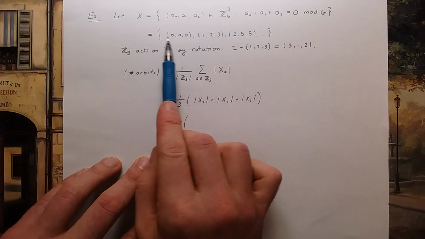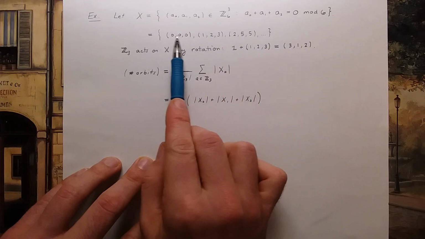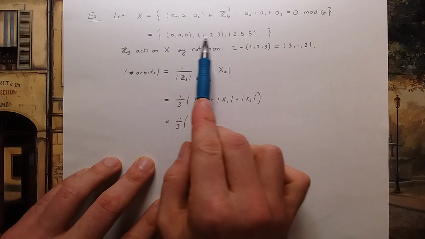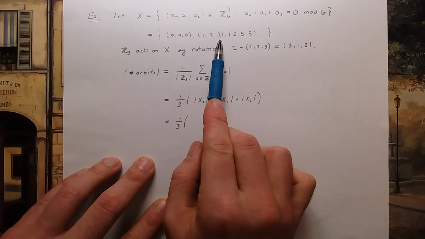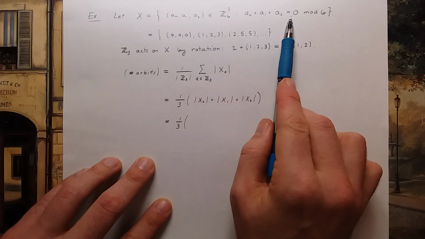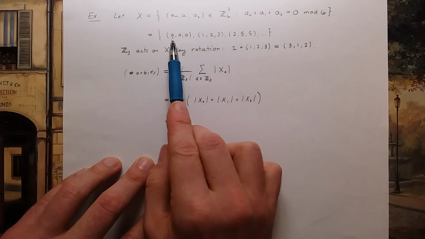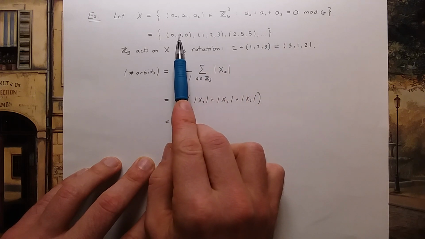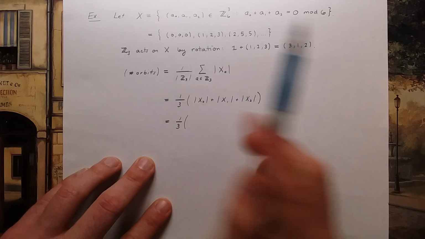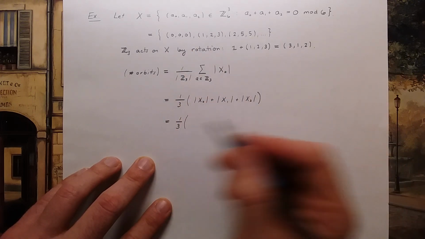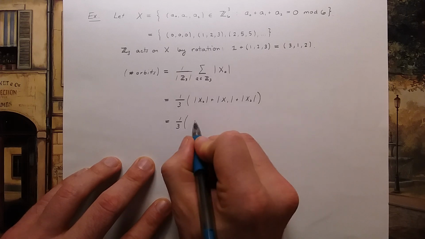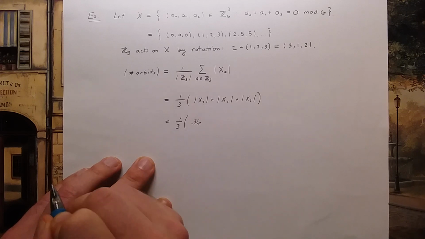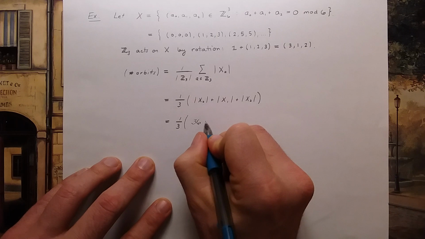Now, when I was forming this set X, you may have noticed that the first two choices were free, but then my third choice was fixed upon me due to this condition. So I actually have 6 choices for the first component and the second component, but after I make those independent choices, the last component is dictated already. So there are actually 36, 6 times 6, elements in X.